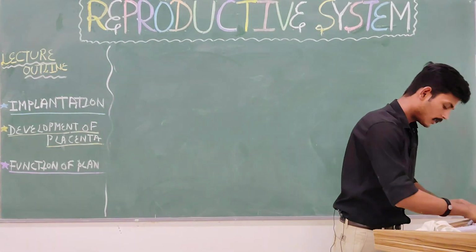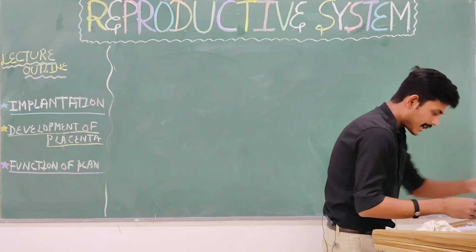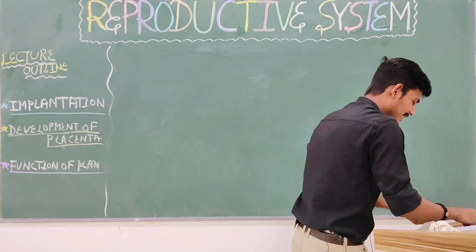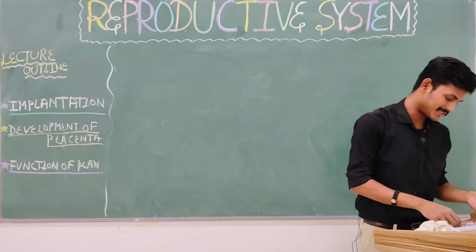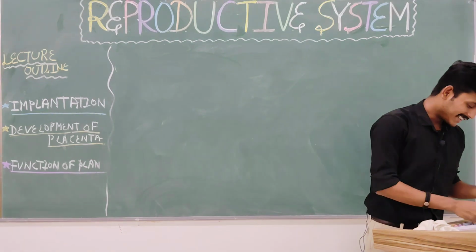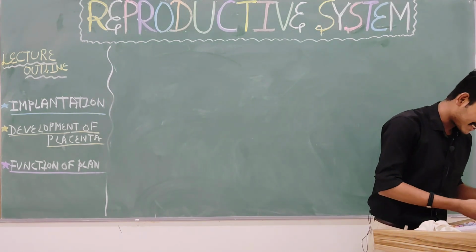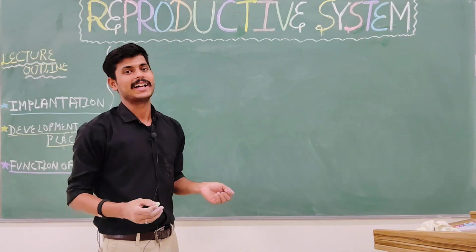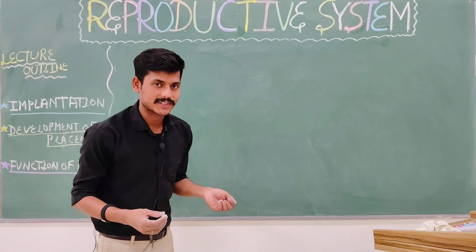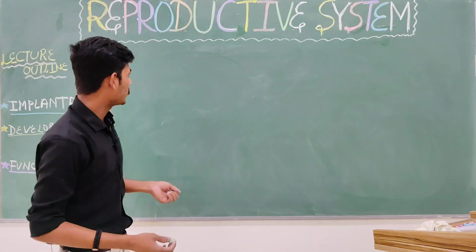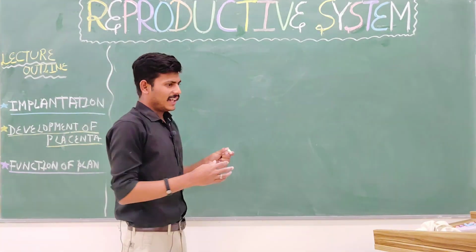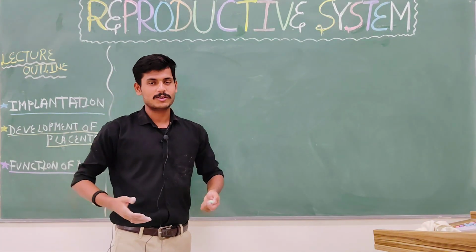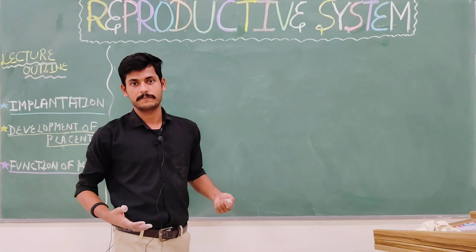Okay, so I will draw one large uterus. Now you are thinking why I am saying large uterus. It's necessary to know that during pregnancy the uterus gets enlarged under the effect of certain hormones like progesterone and estrogen. The uterus has to be enlarged because after all the fetus is developing.